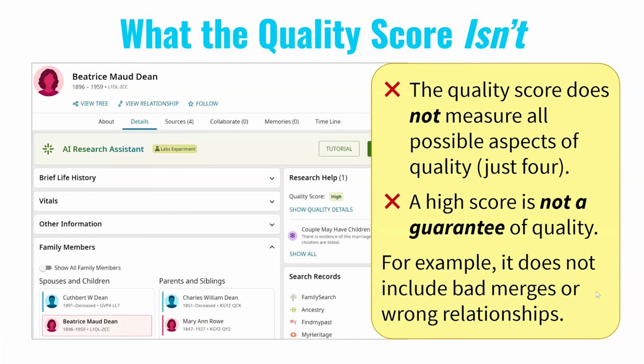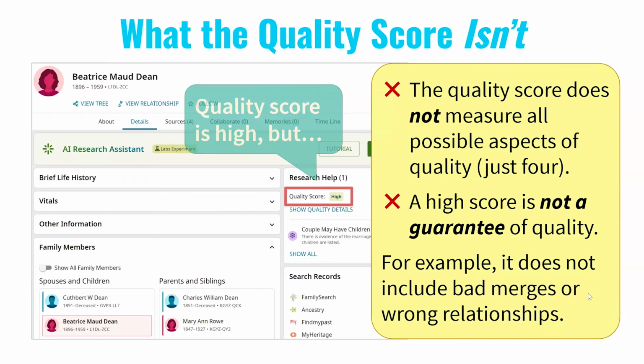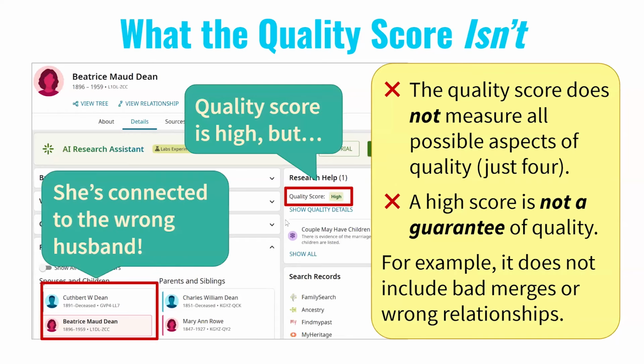Actually, here's an example of that. I was just working on this person the other day, came to their profile and saw that the score was high. That's fantastic, but it's high in those four components only, because as I dug into things, she's connected to the wrong spouse. Just a very brief description of how I figured that out: I went to one source, and it wasn't even a marriage source, it was the 1939 register, and I saw Cuthbert there, and he had a wife named Maud.